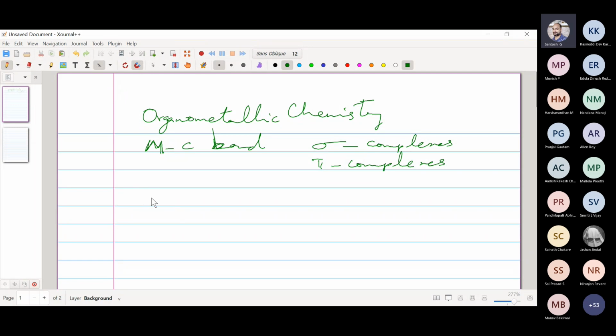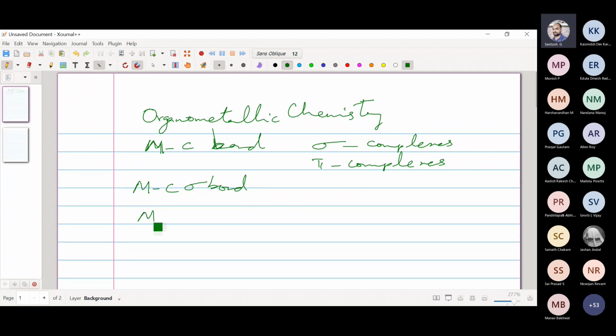So when you talk about a metal carbon sigma bond, okay, it's more like the carbon and metal are sharing their electrons by the overlap of the orbitals.